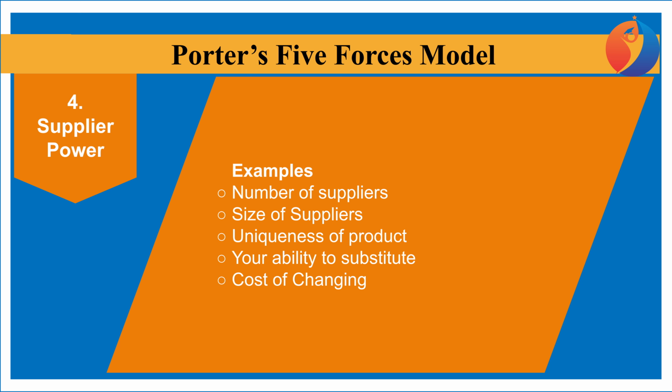But if there are fewer suppliers, and you rely heavily on them, the stronger their position, and their ability to charge you more. This can impact your profitability, for example, if you're forced into expensive contracts. The examples are: number of suppliers, size of suppliers, uniqueness of product, your ability to substitute, cost of changing.